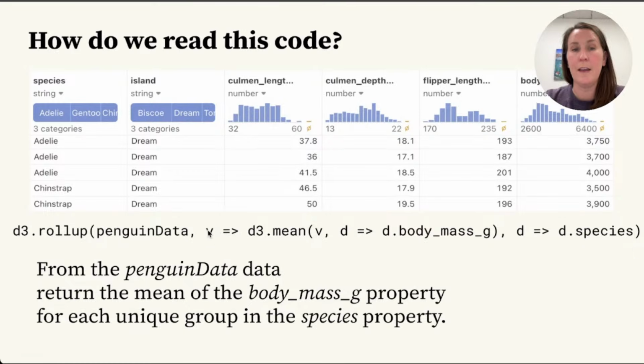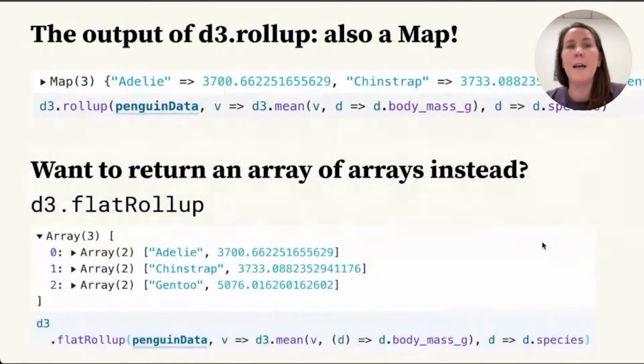Then I first give it that penguin data as the first element in D3 mean, and then I tell it what property I want to find the mean for. So that's reducing the mean, taking multiple values and finding a single mean value. But then this last piece is saying what is the key that we want to identify different groups within, and then calculate the summary statistics within those groups. So that's what this code is doing.